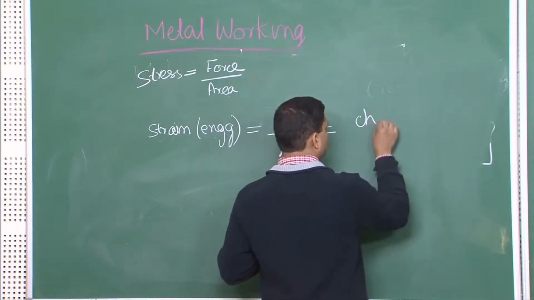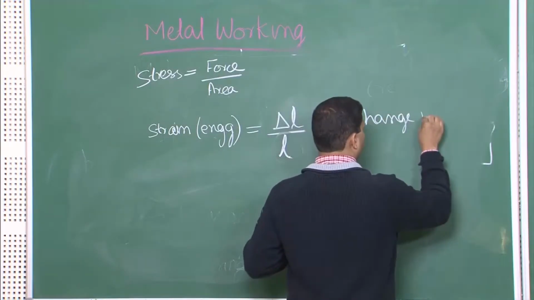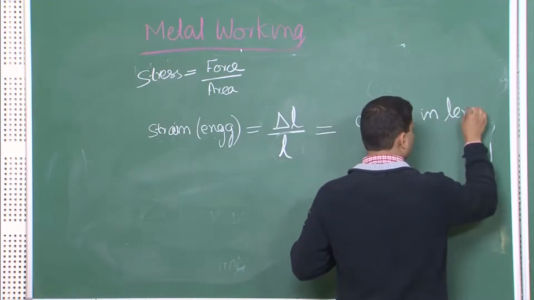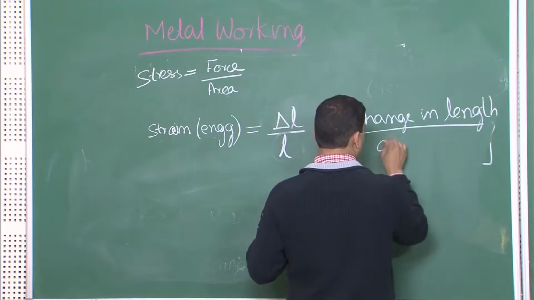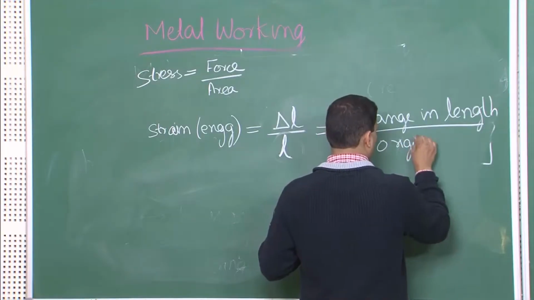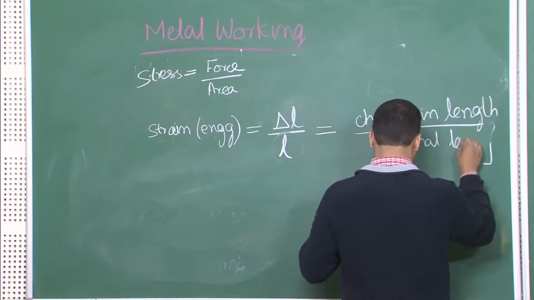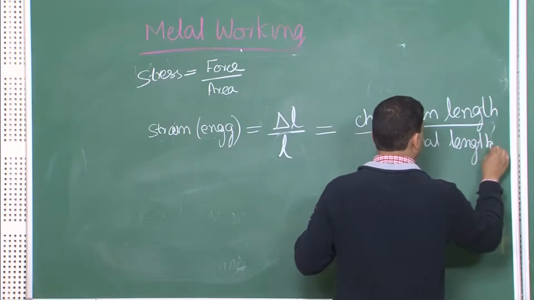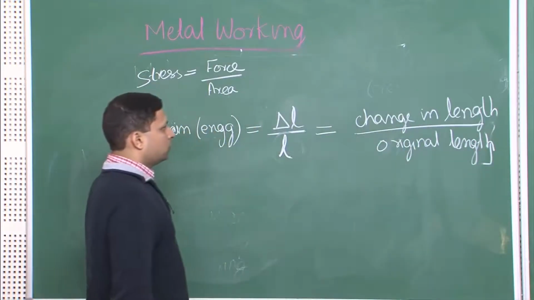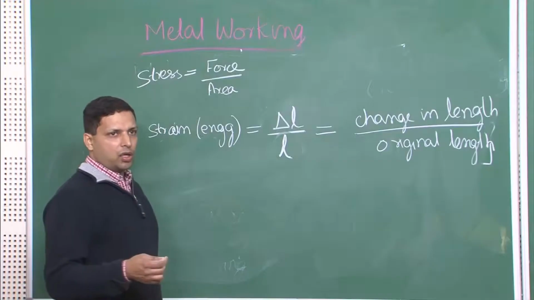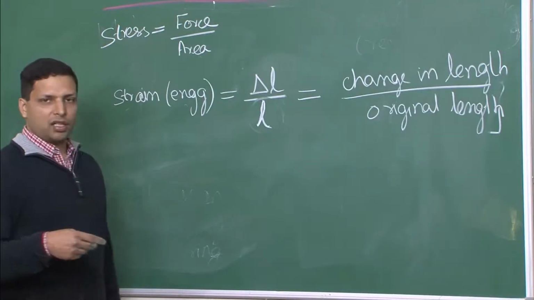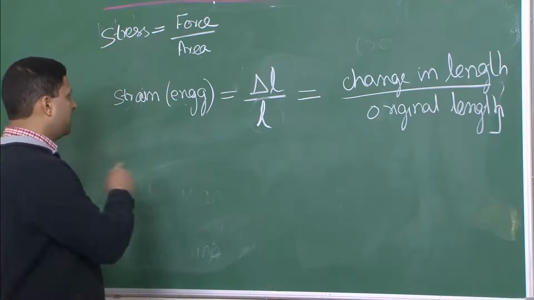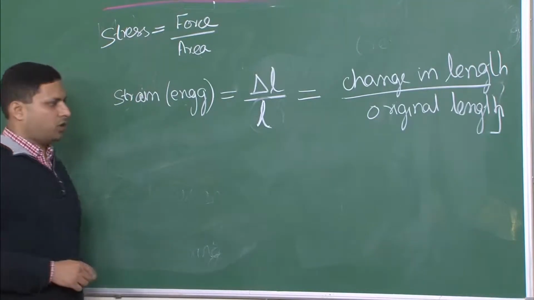So this is change in length by original length. If you are talking about a very small amount of deformation, or if you are not interested in very high precision, then engineering strain is sufficient.